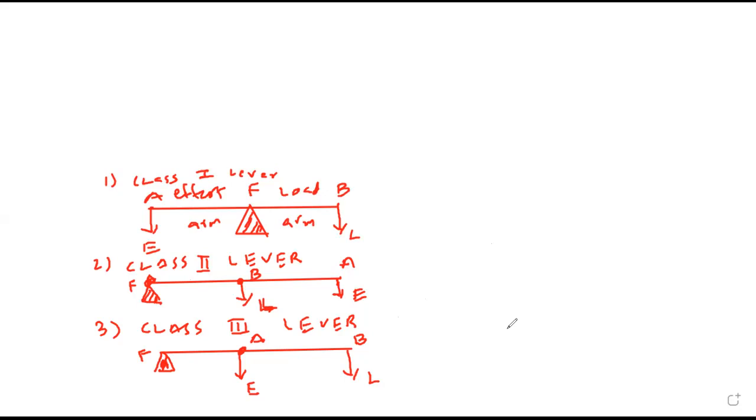F center class 1, L center class 2, E center class 3.